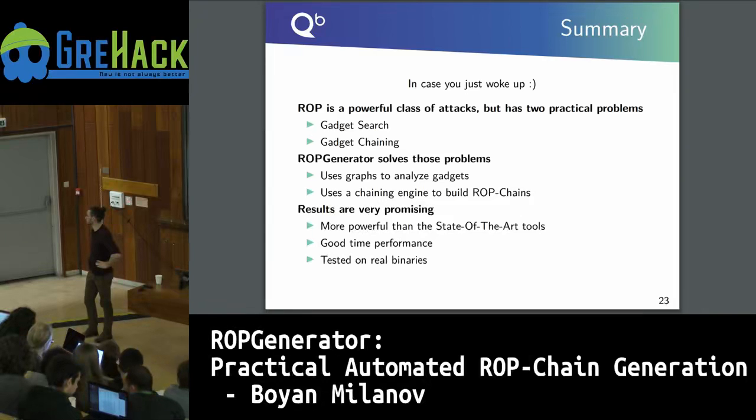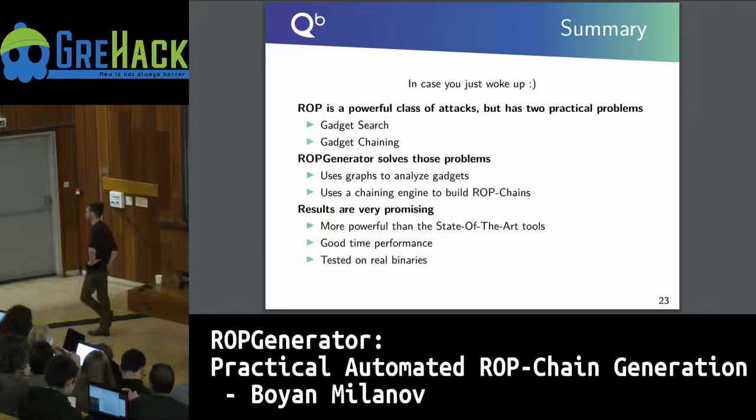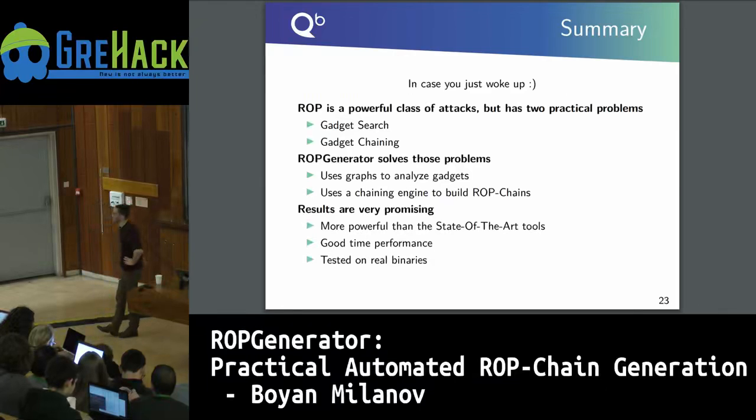Could you combine your approach with an SMT solver to make your queries quicker, or to help the user find the right semantic alternative ROP gadget? It's a very good question. When we started to write the tool, I was trying to use SMT solvers.